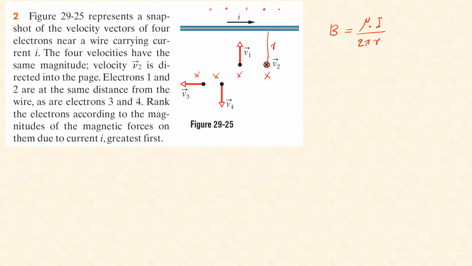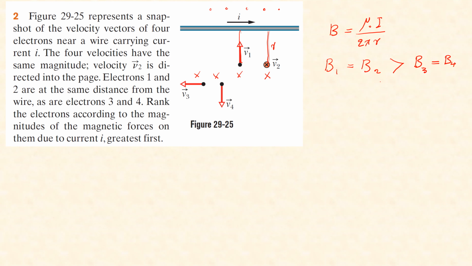So if r is smaller, B is bigger. So B1 and B2 are the same. For the first electron and second electron, B is the same because the r's are the same and smaller. And this is greater than B for the other two. B3 equals B4. So we have the B's related like that.